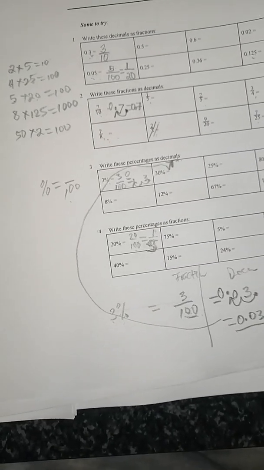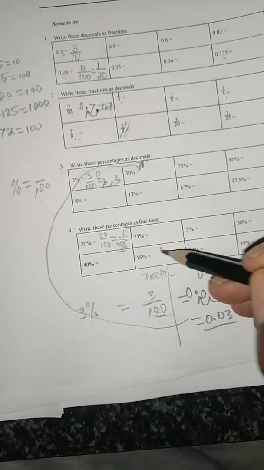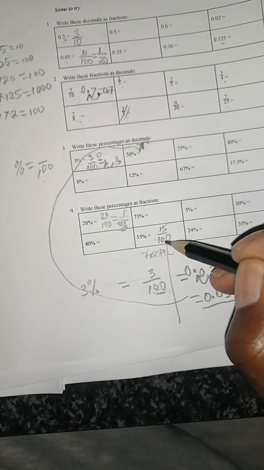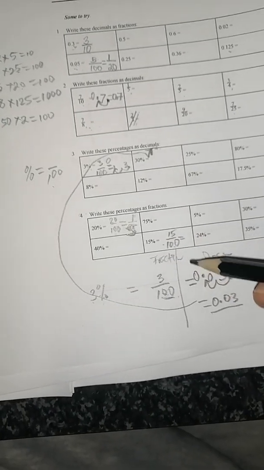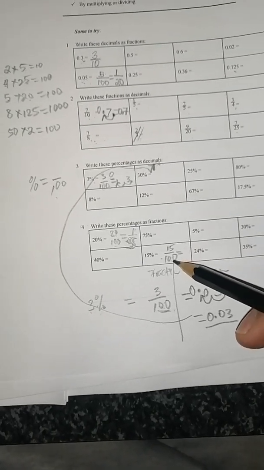And if you need me to do another one, I can maybe try this one. 15 out of 100, percentages meaning out of 100, and then what is a common factor of 15 and 100?